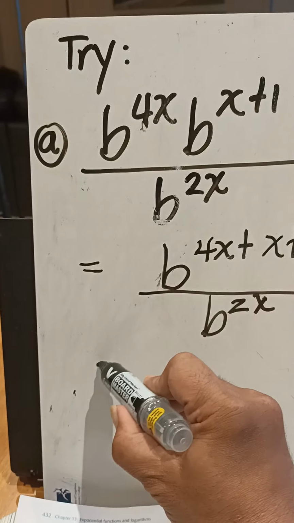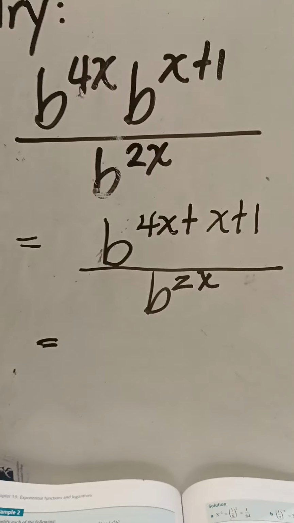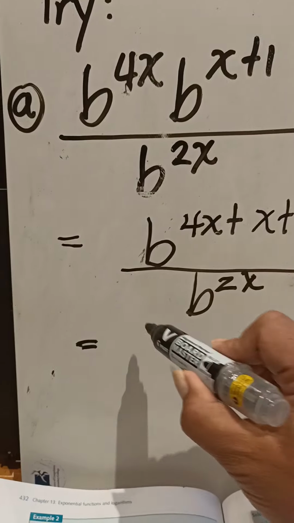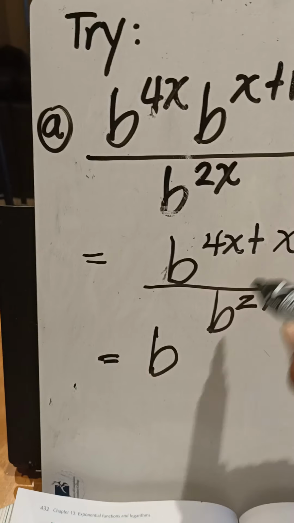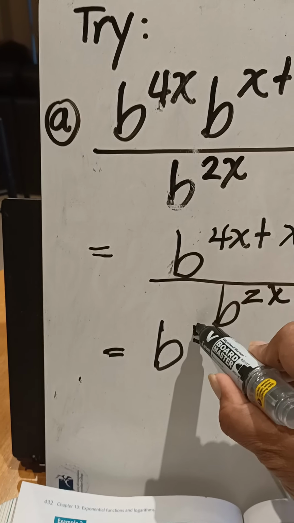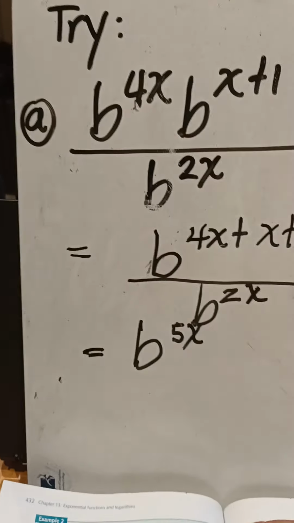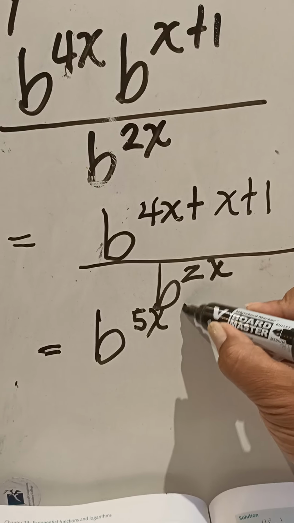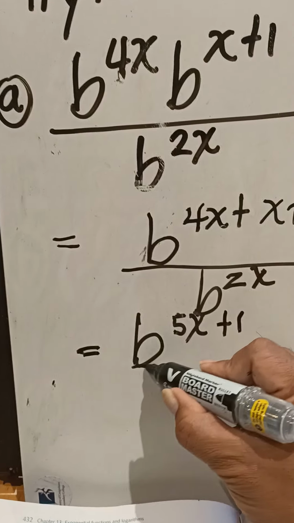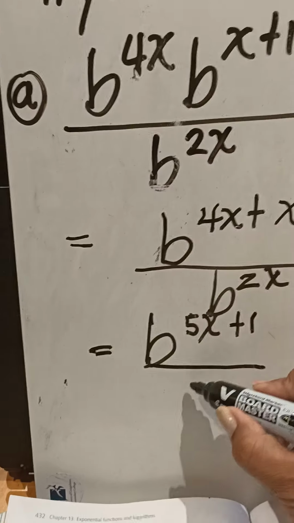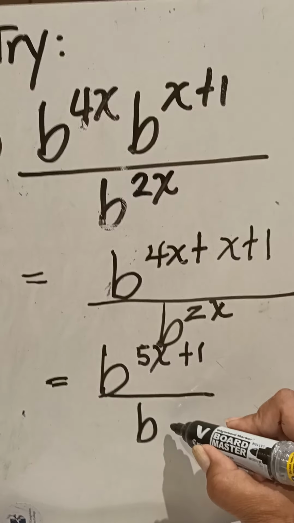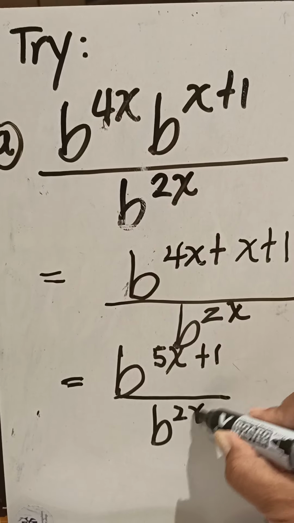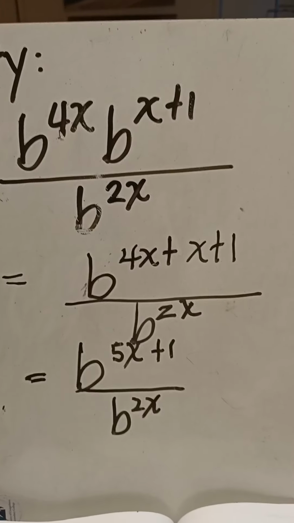So your answer would be, not the answer yet, but if you simplify that, that would be b to the 4x plus x is 5x, plus 1, so I've got 1 in here, over b to the 2x. Now you can apply the second law.